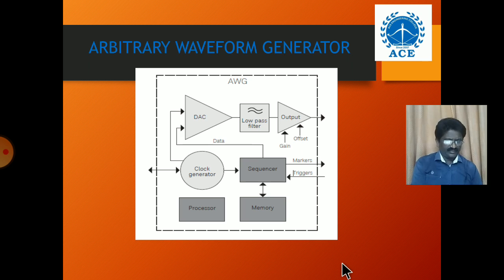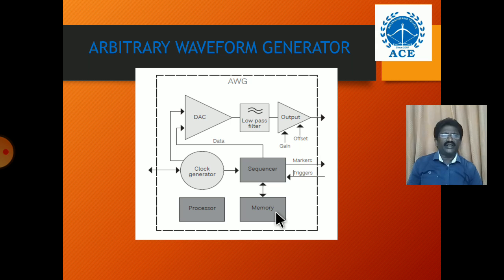Okay, next, now I will give details about memory. Here, a digital representation of a waveform is loaded into AWG memory through a variety of software applications. Here AWG stands for arbitrary waveform generator.